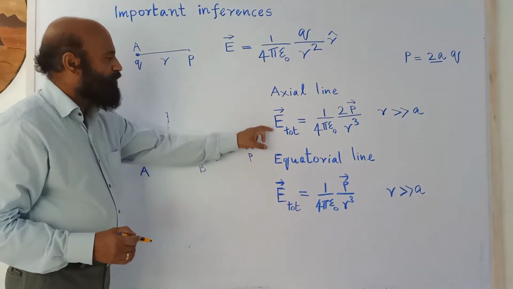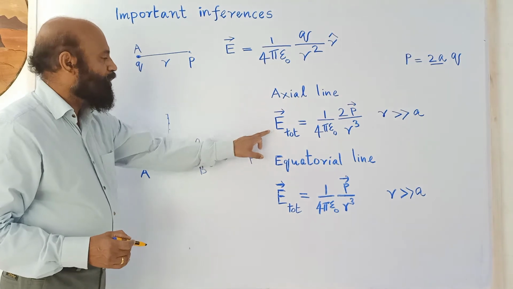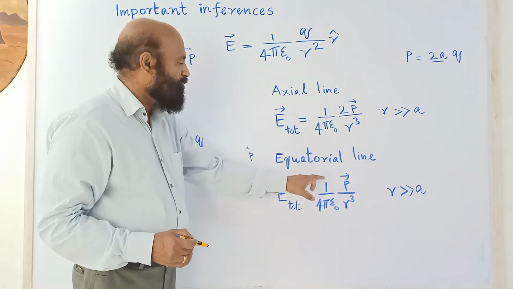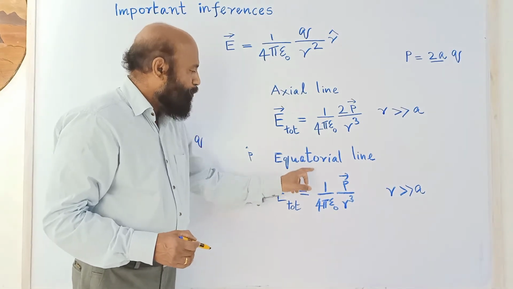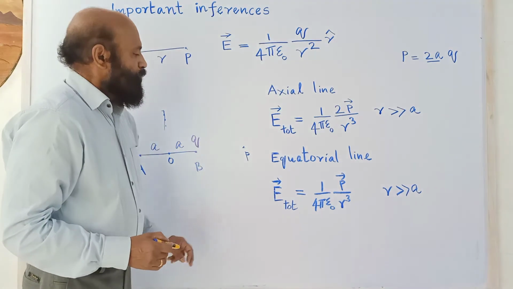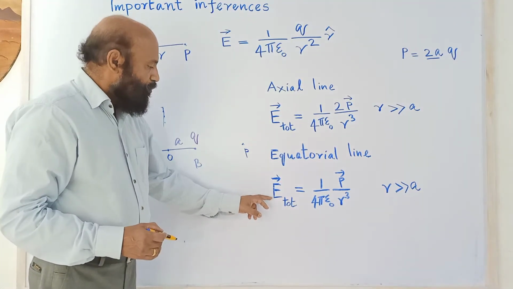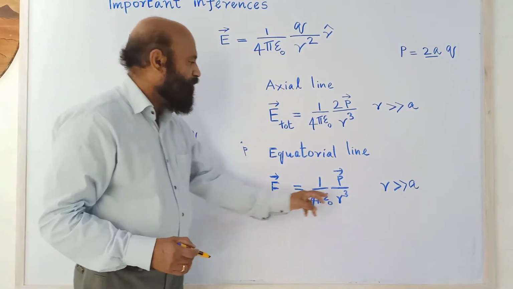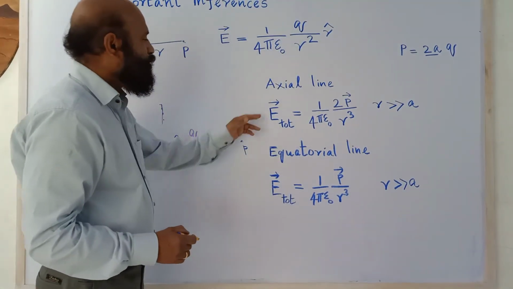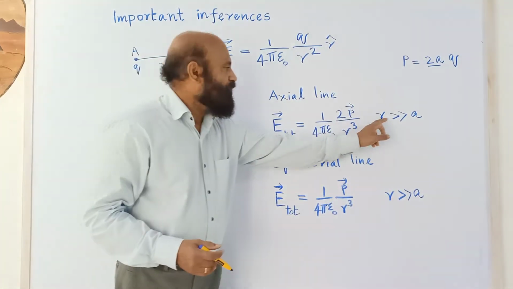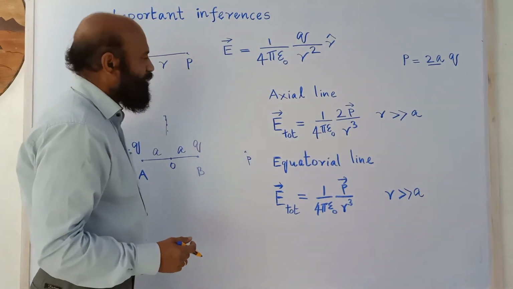From these two expressions, it is clear the electric field at a point on the axial line is double the field at a point on the equatorial line. So here the field is inversely proportional to the cube of the distance when r is very much greater than a. These two expressions are valid only when r is very much greater than a.